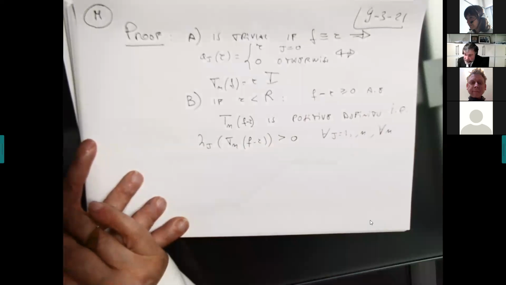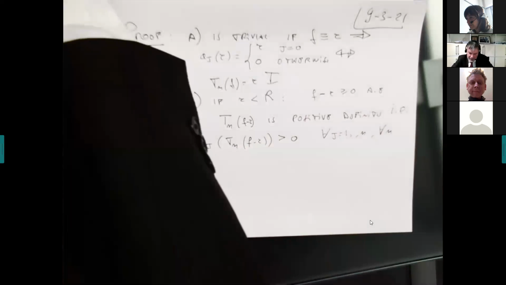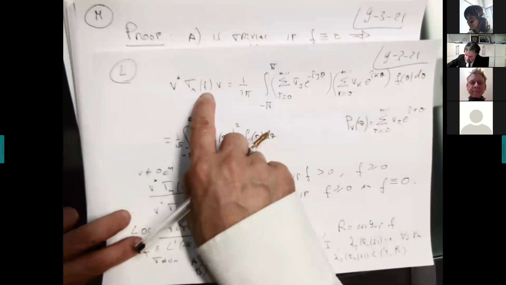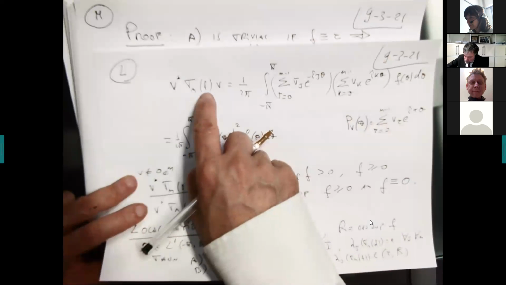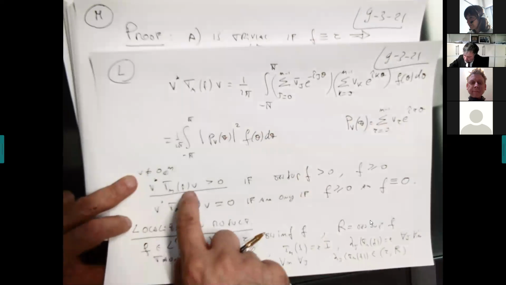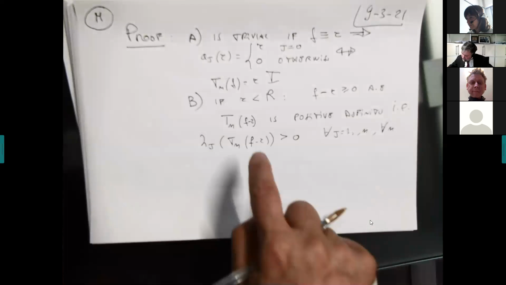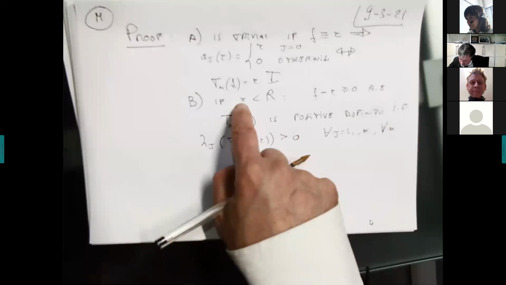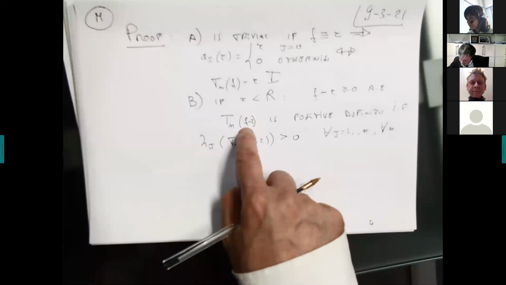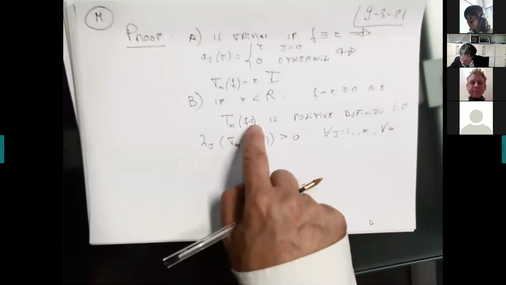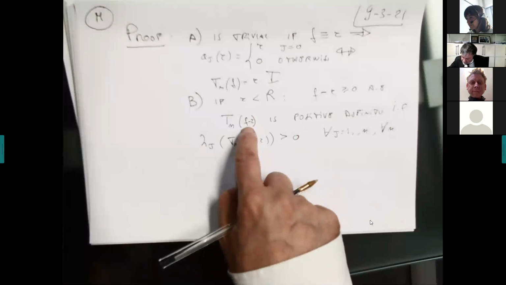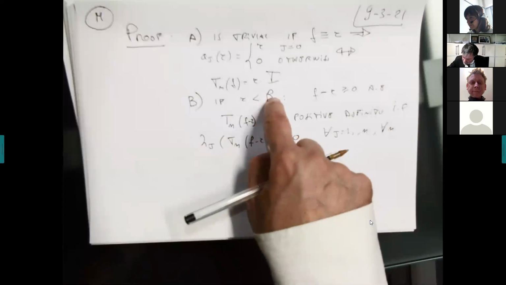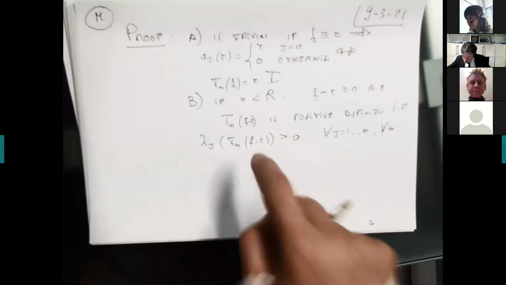Do you agree with this? It is what we have seen before. If the function is non-negative with essential supremum positive, then T_n(f) is positive definite. But if small r is the essential infimum and I subtract from f the small r, then the essential supremum is capital R minus r, which is positive.